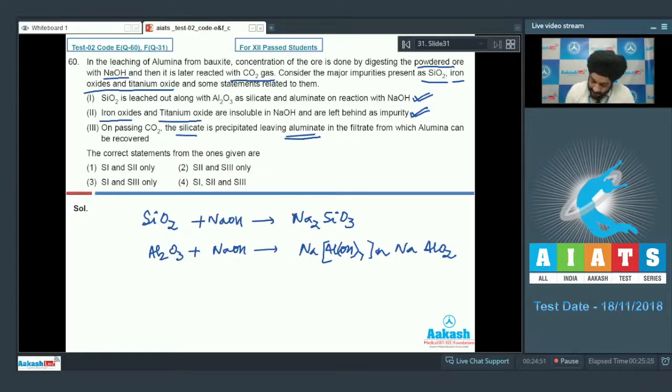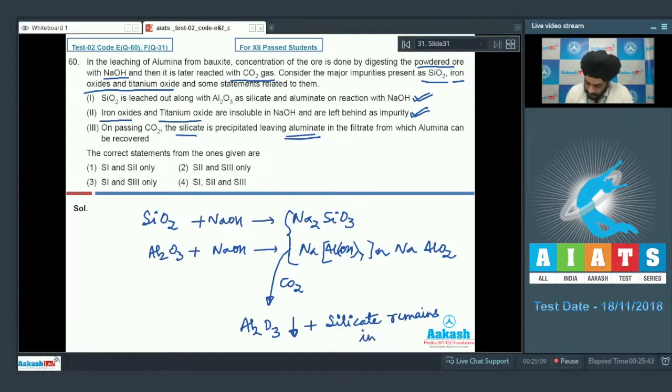So if we have a mixture of sodium silicate and sodium aluminate and CO2 is passed through it, we'll have a precipitate of Al2O3, whereas the silicate, it remains in solution. So we can see that the third statement is incorrect.